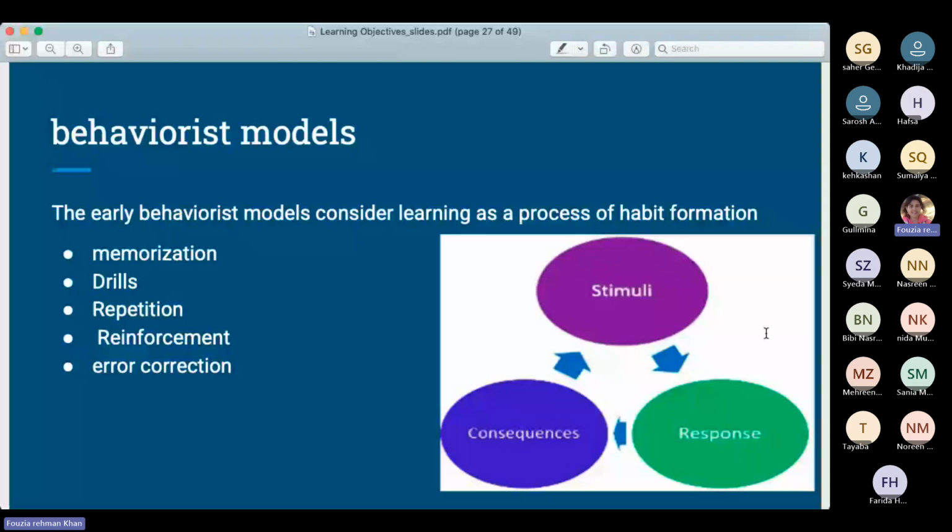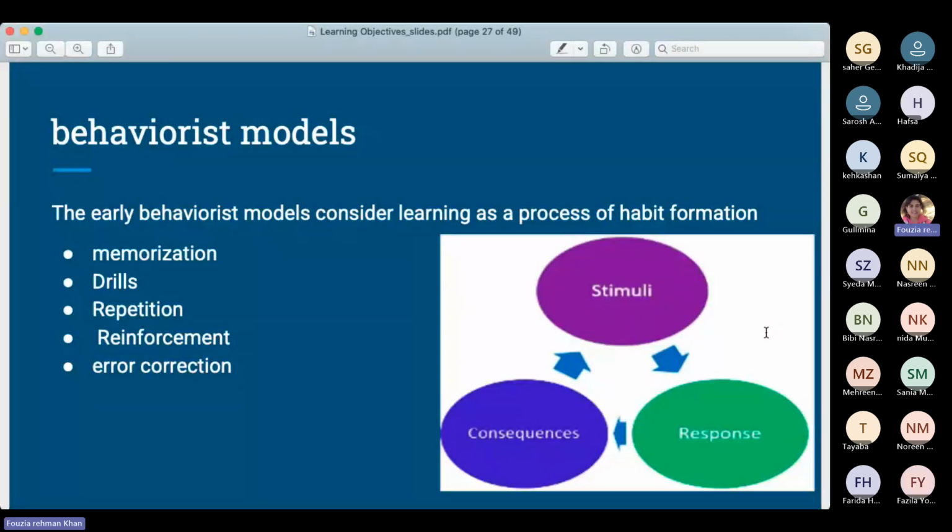All of these terms are related to the behaviorist model. And basically, the behaviorist model is about habit formation. This habit formation model was given by Pavlov and Skinner, while they experimented on animals, on how habits are formed and reinforced, or continued or discontinued through reward and punishment, repetition, and perhaps the experiment was on dogs, right?